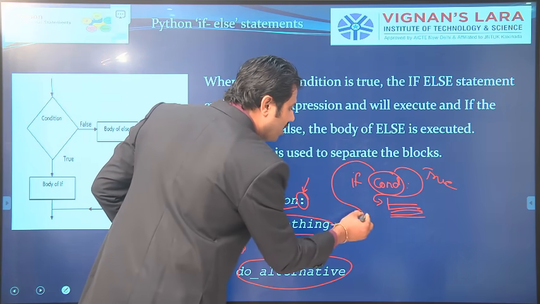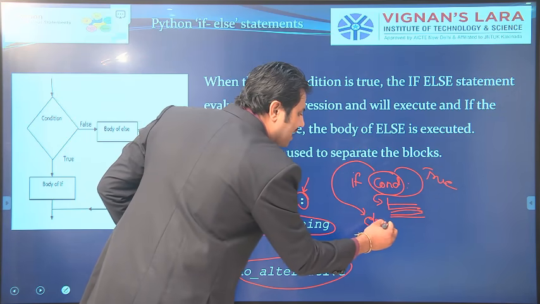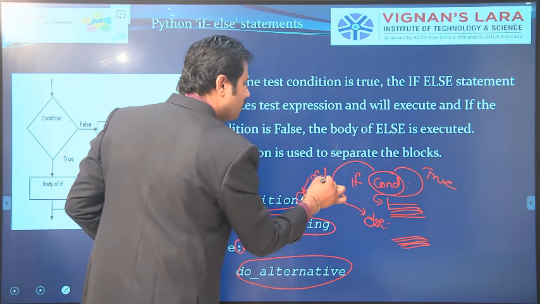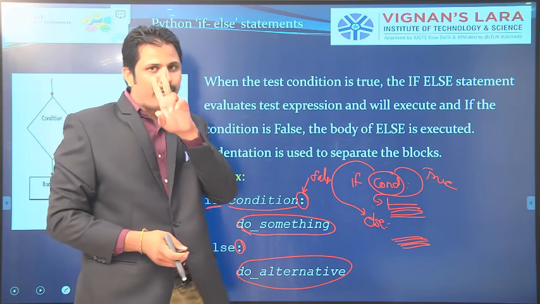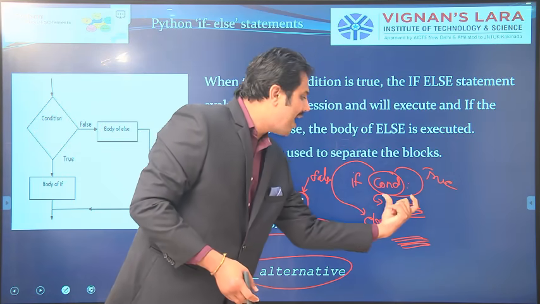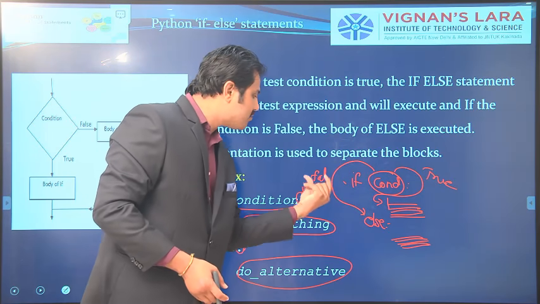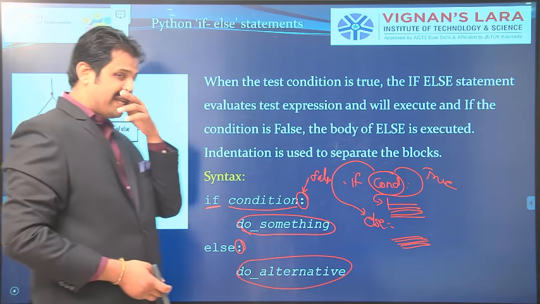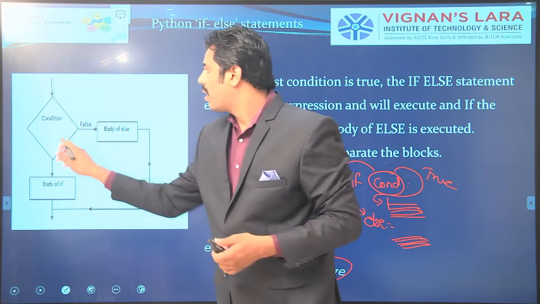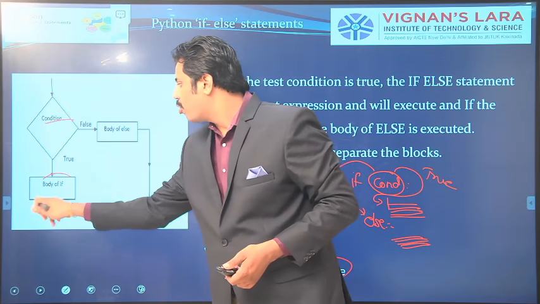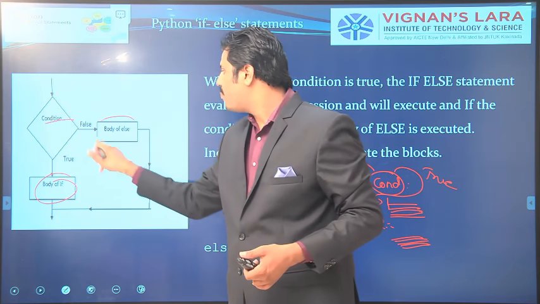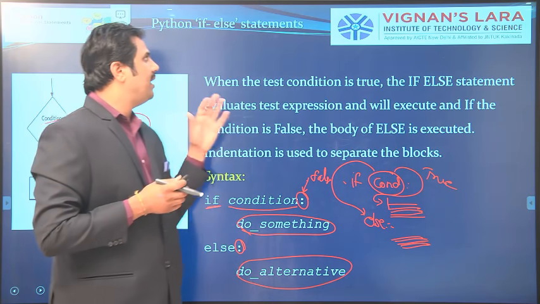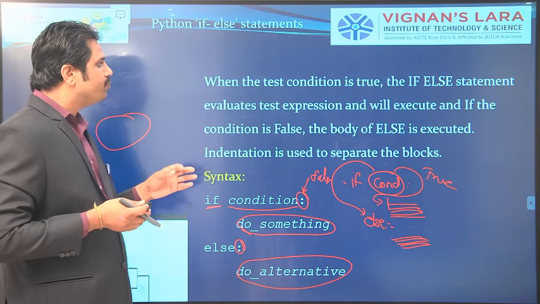If the condition is false, it goes to the else block and executes the statements which are in the else block. So here we have two cases. If the condition is true, it executes the if block. If the condition is false, it goes with the else block. So this is the major difference. Let us see this: condition. If true, it goes with the if block. If false, it goes with the else block. So these are the if else statements we have.